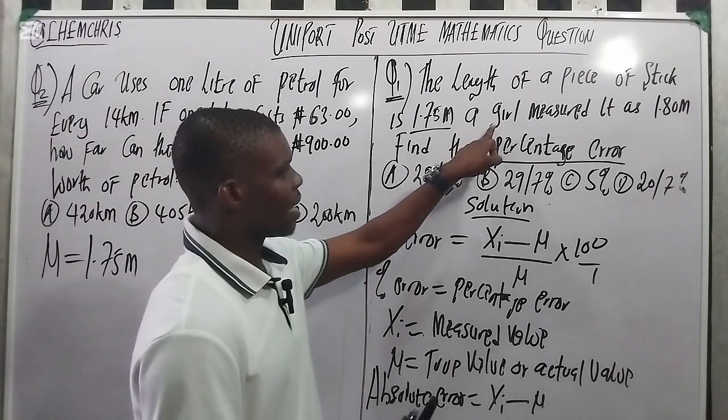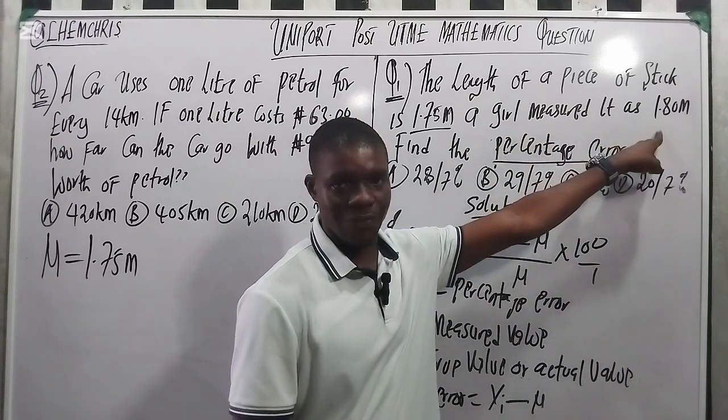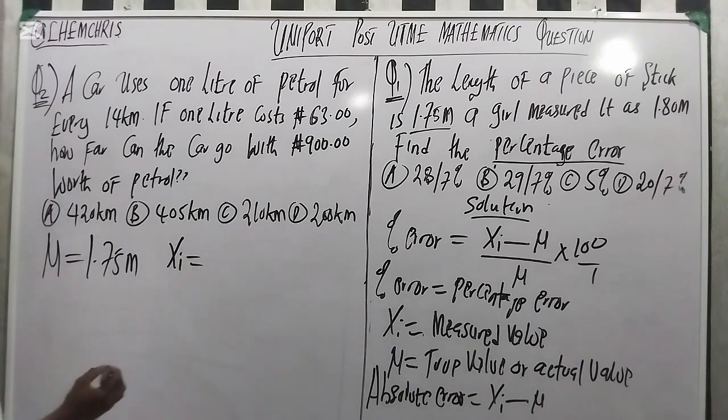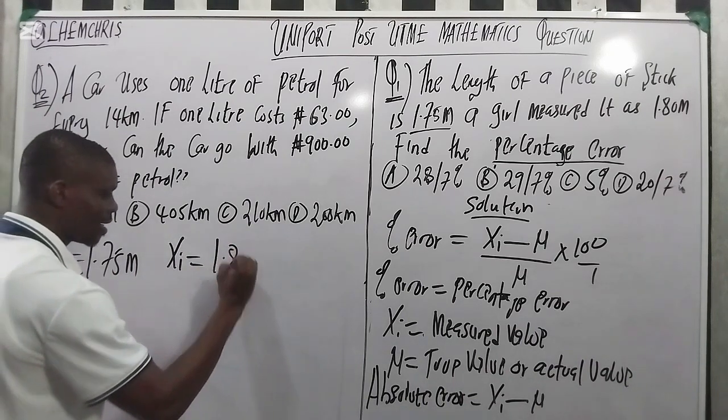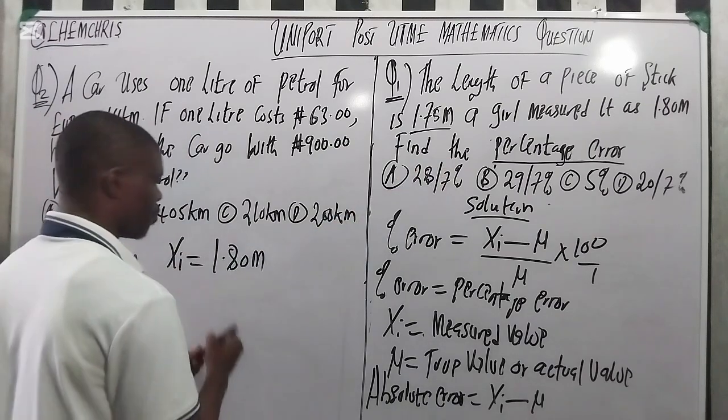Now it is measured as 1.8. So this is called the measured value. So Xi is the measured value, which is 1.80 meters. They ask for percentage error.